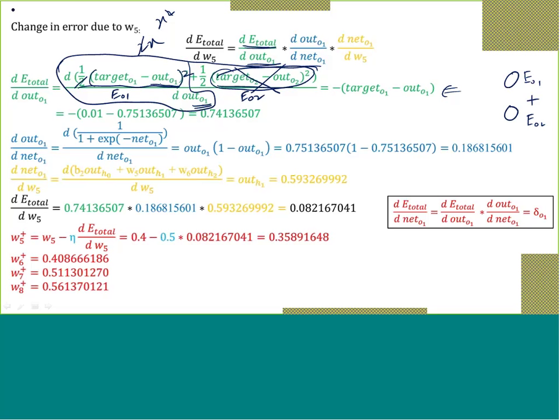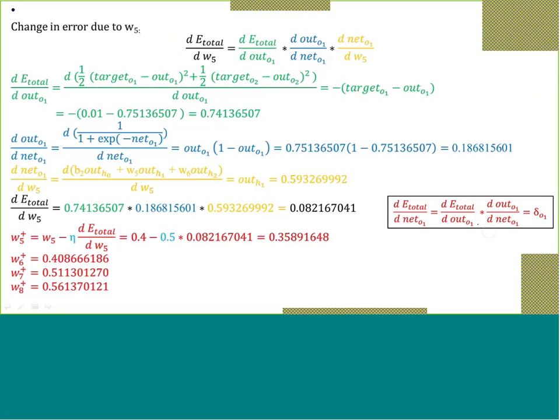So this minus 1 is here, and this term gets here. If you don't recall what differentiation is, I am doing nothing great here. I am just differentiating E total with out 1. When I do it, I get this expression.